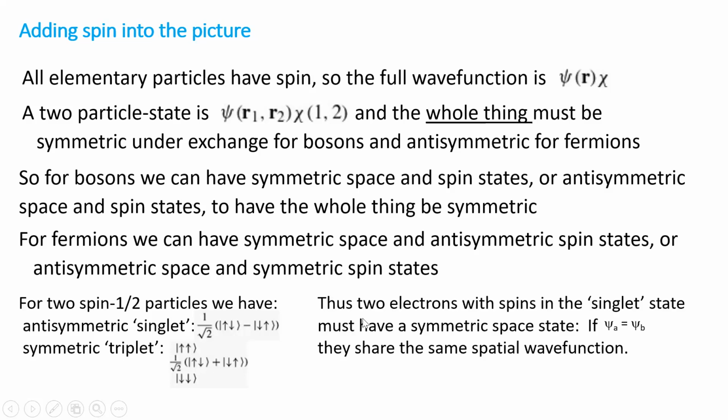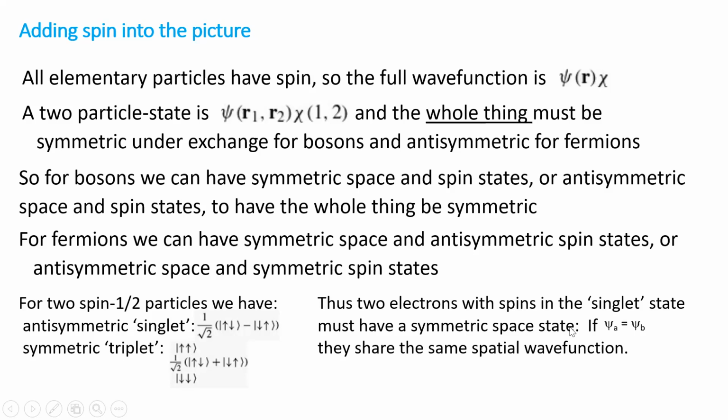Okay, so what does this mean for two electrons? Well, two electrons with spins in the singlet state, which is antisymmetric, must have a symmetric spatial state. Because like we said, if the spin state is antisymmetric, then for fermions, the space state must be symmetric.